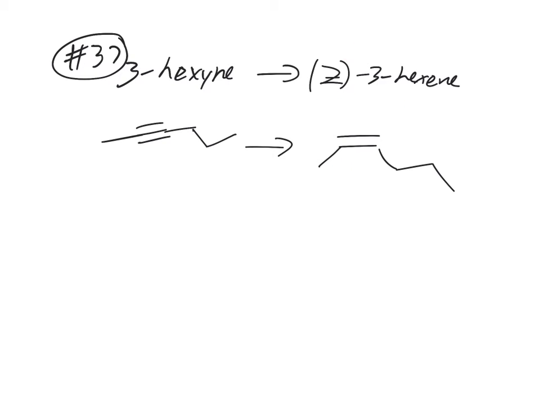And then Z, do you know what E and Z mean? Z means same side, right? So what kind of addition would you need to get things on the same side? You'd need a cis addition. So this question is about nomenclature, E and Z, and about cis addition. They want to know, do you know how to turn an alkyne into an alkene in a Z fashion?